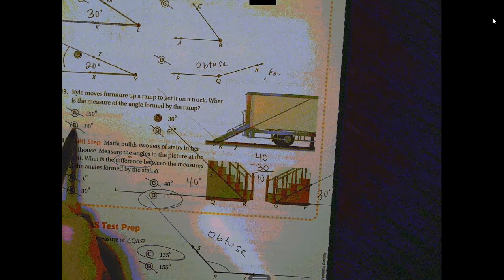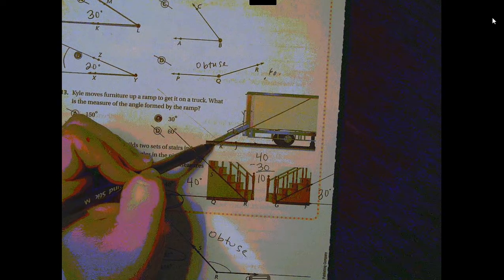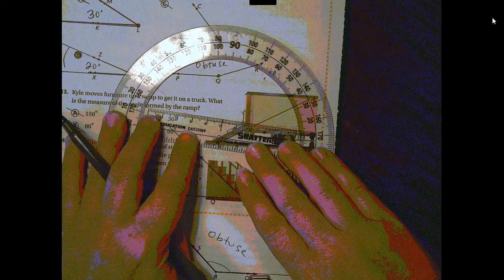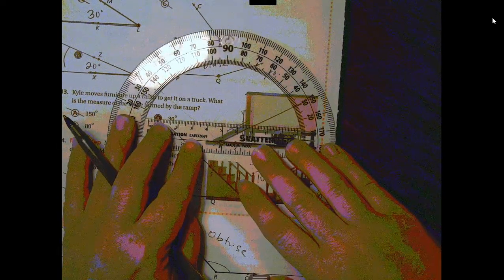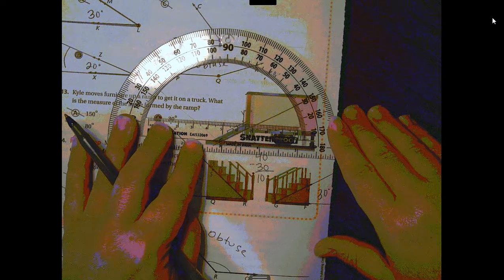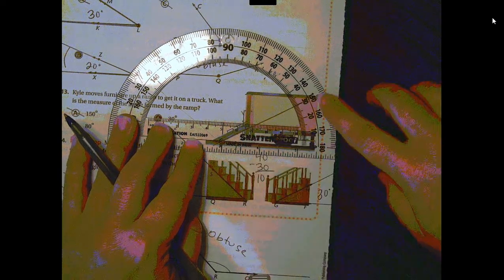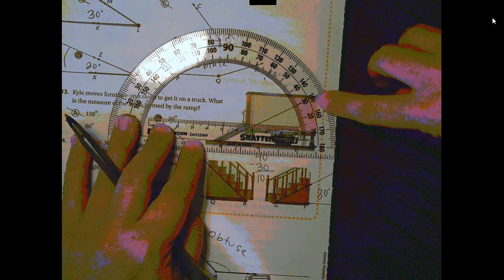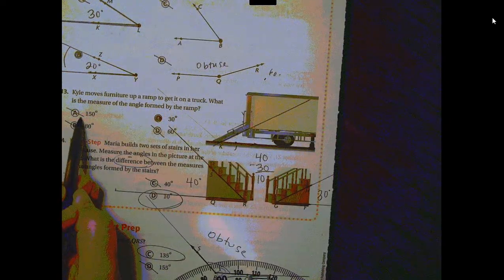Same thing, 80 is very close to 90, which is a straight line up here, so we knew it wasn't 80. And then 60 degrees was also pretty big for this size, so we double checked that, and 60 would be way over here. So this one right here hits at 30 and 150. So that's where that 150 came from.